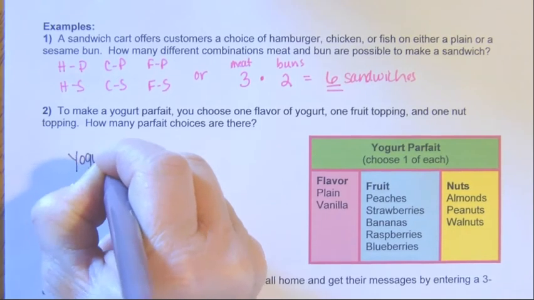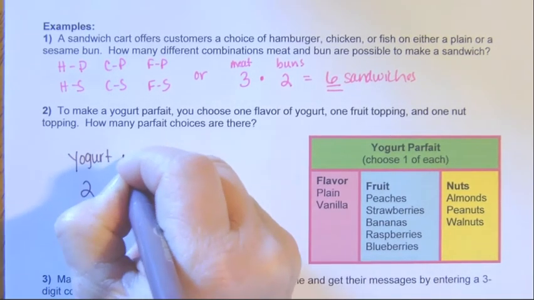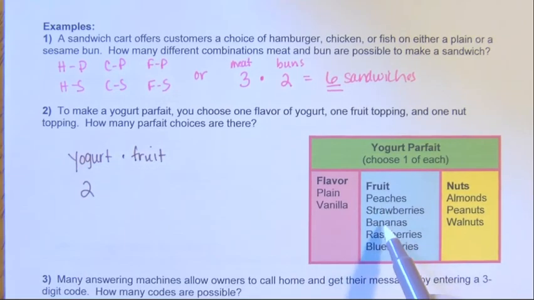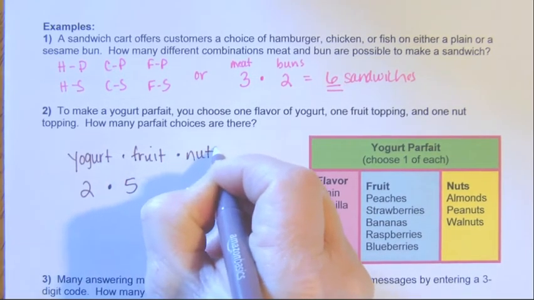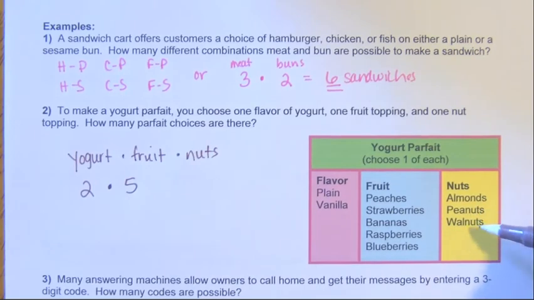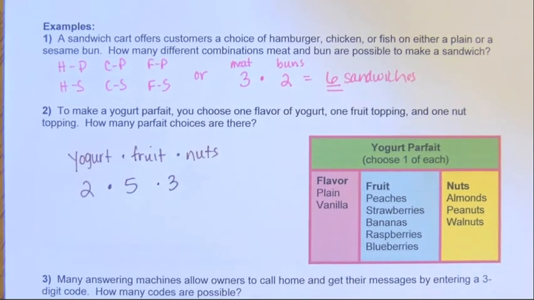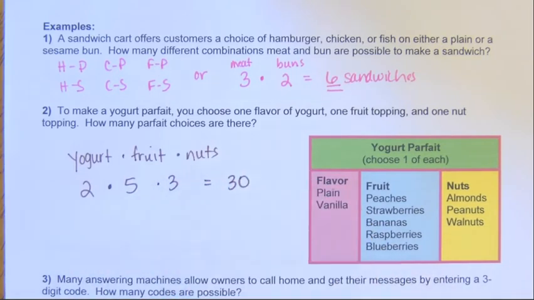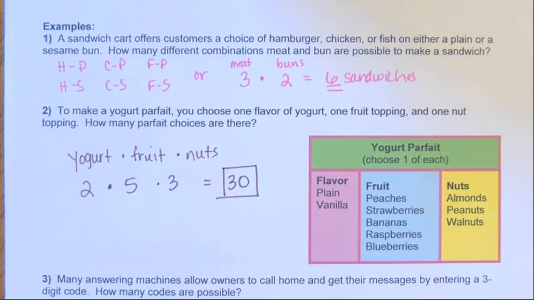How many types of yogurt we have is 2, plain or vanilla, times the fruit, and we have peaches, strawberries, bananas, raspberries, blueberries, that's 5, times the different nuts: we've got almonds, peanuts, and walnuts. So there's 3 types of nuts there. If you multiply those together, you get 30 different yogurt parfaits.